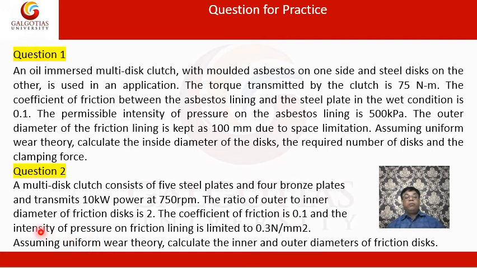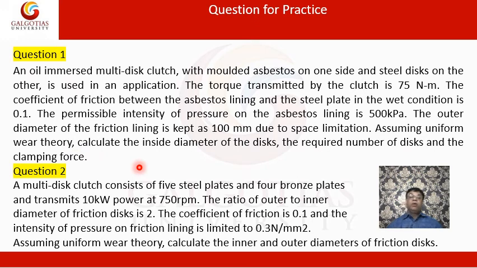Assuming the uniform wear theory, calculate the inner and outer diameter of the friction disc. So you have to find the inner and outer diameter. You have to assume, as mentioned here, uniform wear theory. Similarly, in this question, assume uniform wear theory.